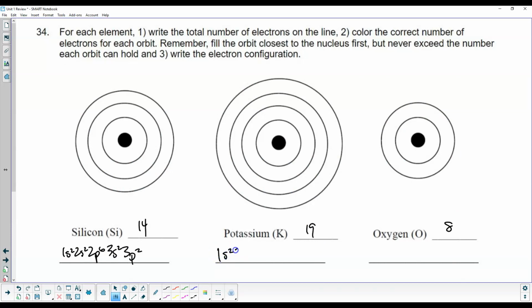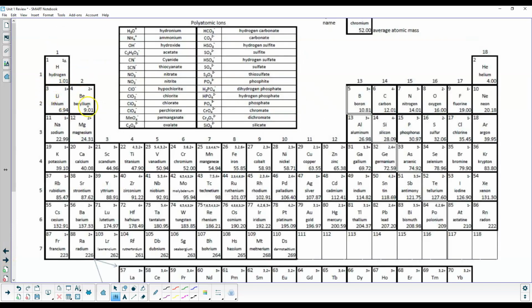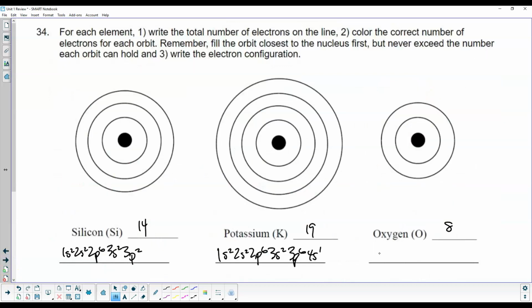We already know how to do potassium: 1s2, 2s2, 2p6, 3s2, 3p6, 4s1. And then finally, let's do oxygen: 1s2, 2s2, 2p4. It's the fourth one over.